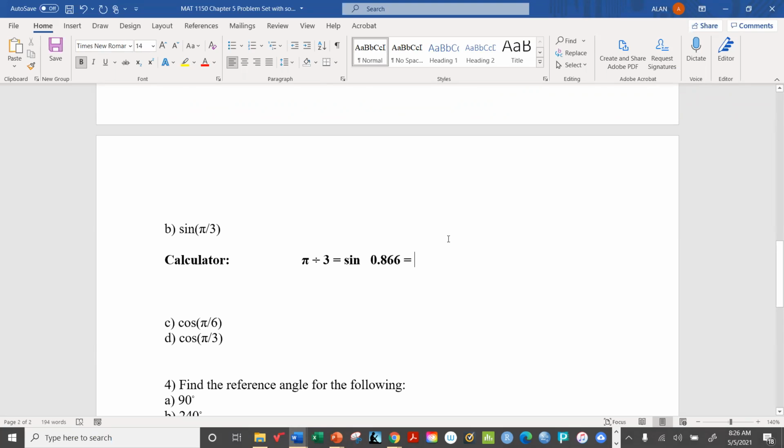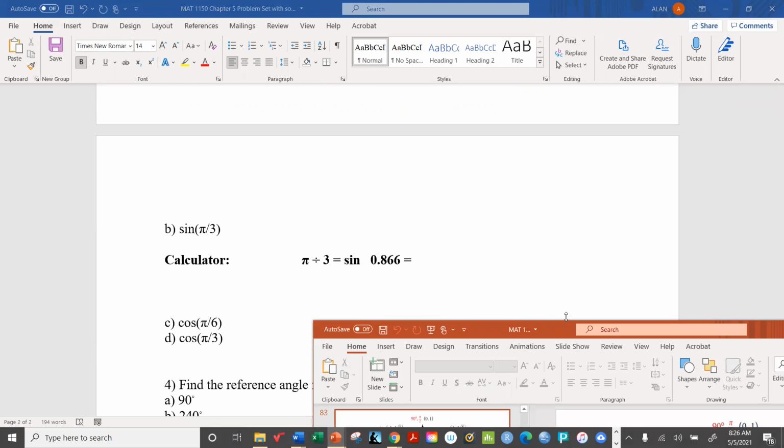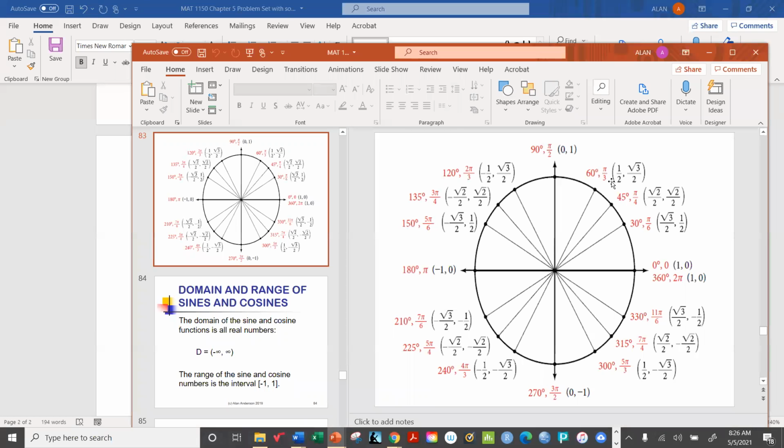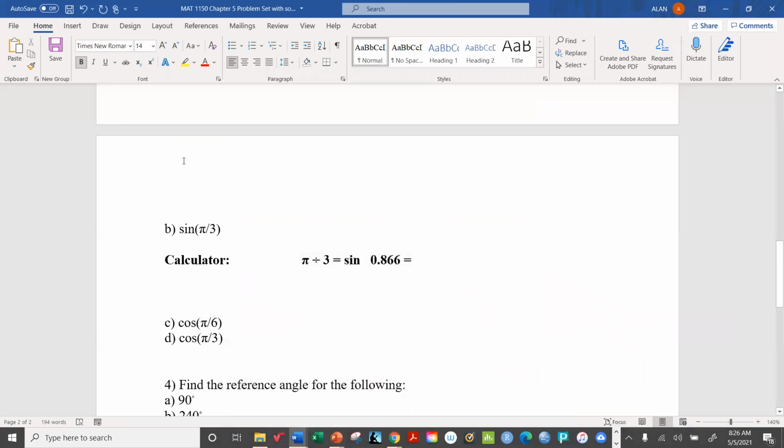So for these cases, it's not that it's wrong, but if you look here on the unit circle, you'll see that the sine of pi over 3 is actually radical 3 over 2. So this is really the equivalent of radical 3 over 2.